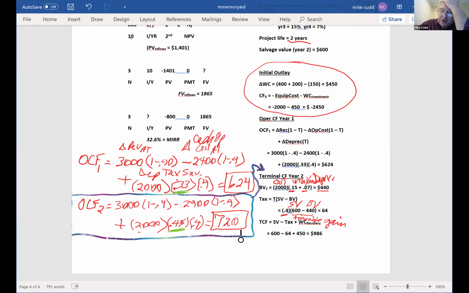Multiply that 160 taxable gain by our tax rate, and that gives us taxes of 64.